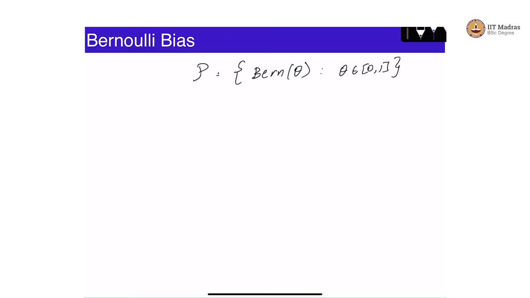And you have a sequence of, let's say, coin tosses, x1, x2, dot, dot, dot, xn. All of these are either 0 or 1. That's either heads or not heads, so it's 1 or 0. From this, can you estimate the parameter theta?